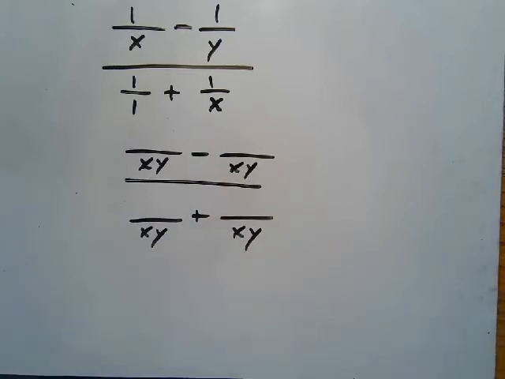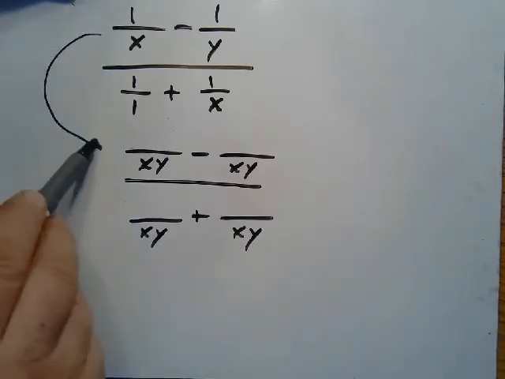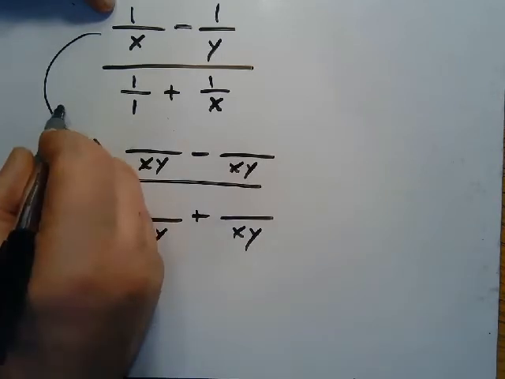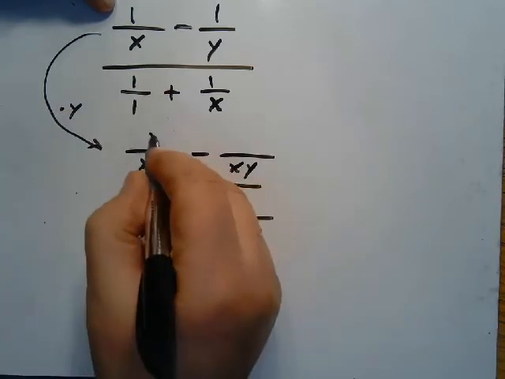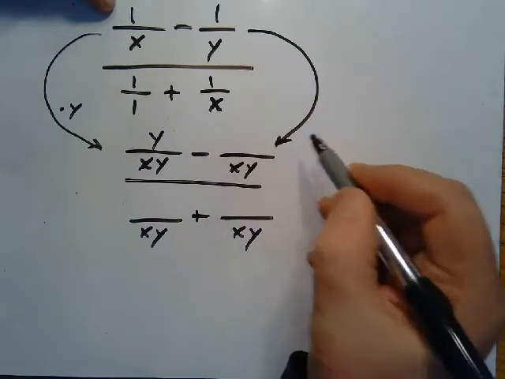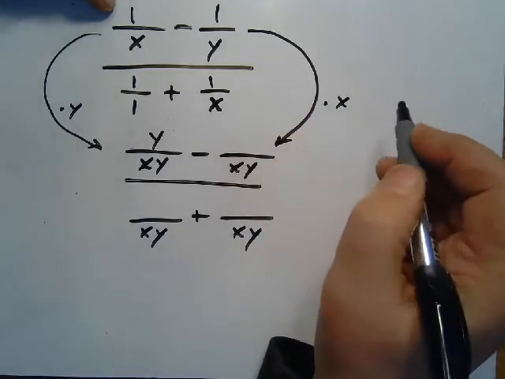Notice I made all the denominators the same. To get from here to here, I had to multiply the bottom by y, so we're going to multiply the top by y. To get from here to here, we had to multiply the bottom by x, so I'm multiplying the top by x.